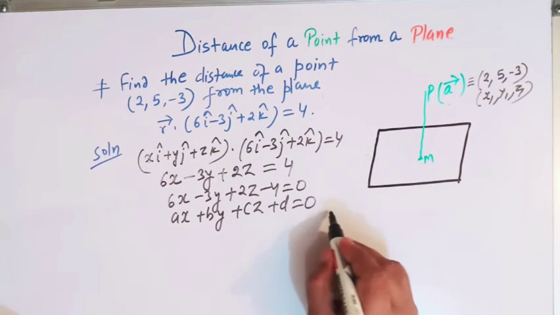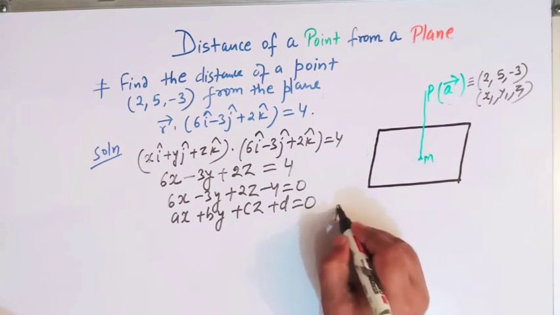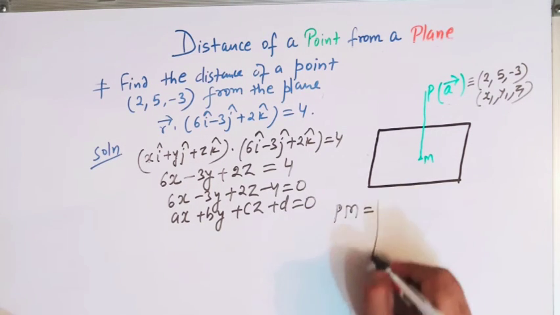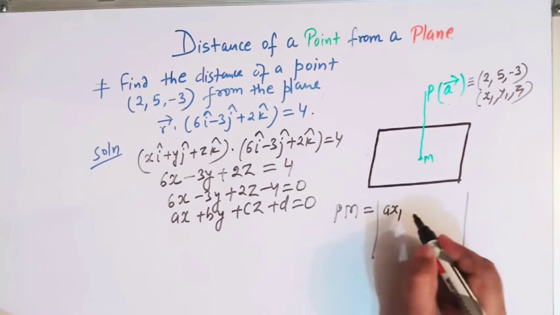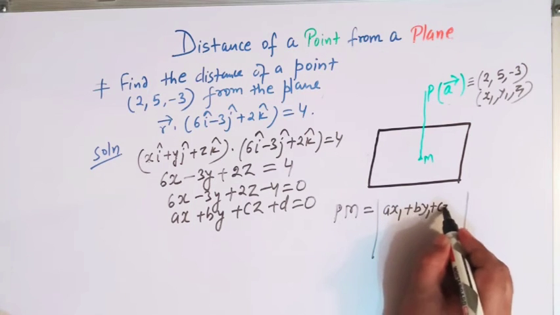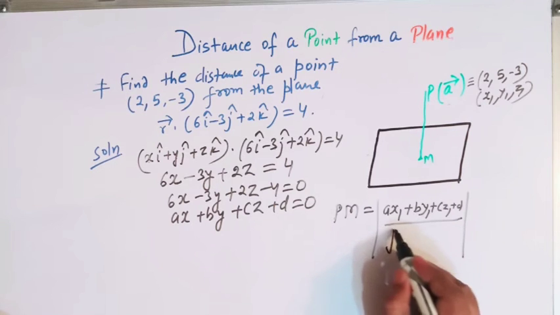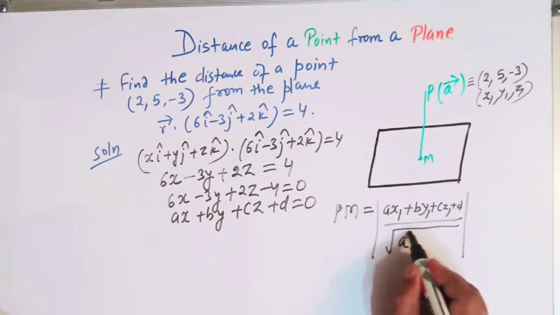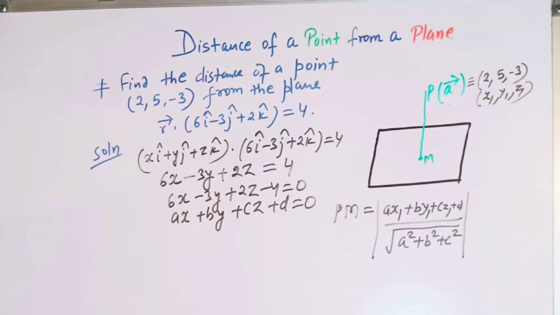Now we know that the formula for this perpendicular distance PM is given by ax1 plus by1 plus cz1 plus d divided by square root of a square plus b square plus c square, right?